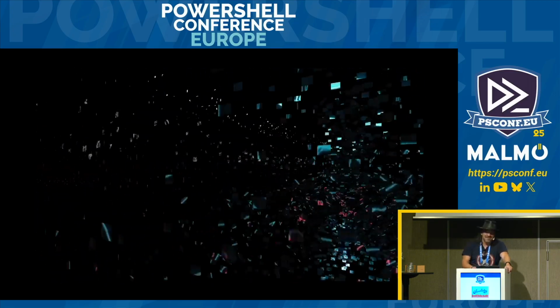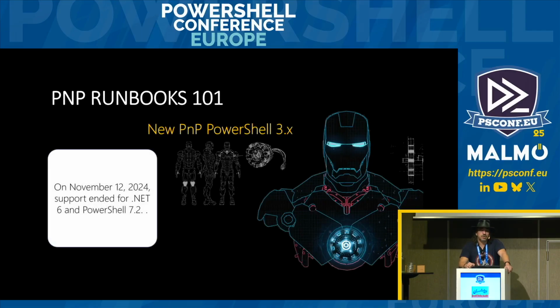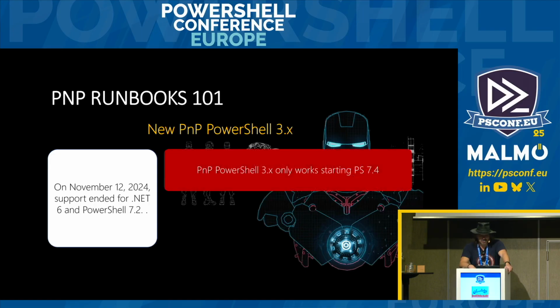Now, last month, what changed? PnP PowerShell moved to version 3 onward. What's the problem with this? It stopped using .NET 6, and the baseline for it to work is PowerShell 7.4, which doesn't exist on Azure Runbooks.